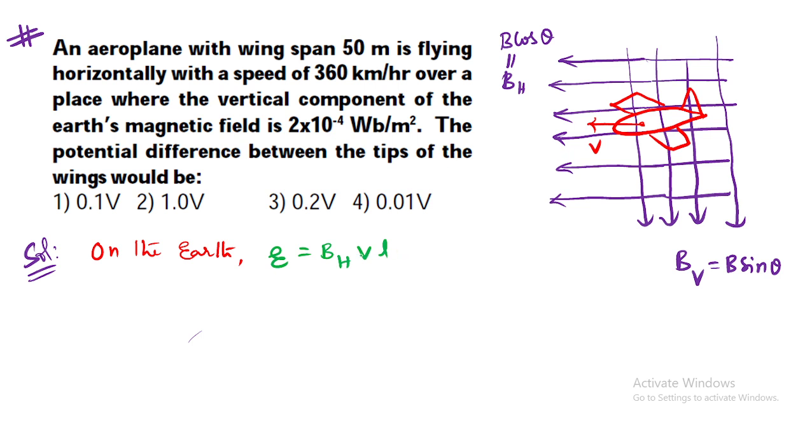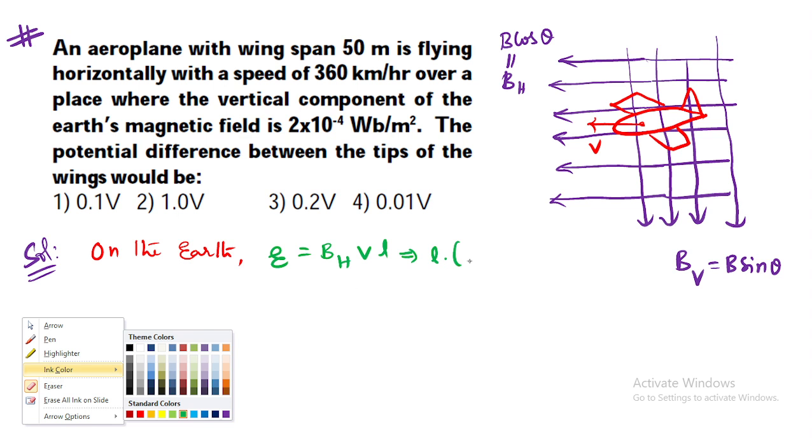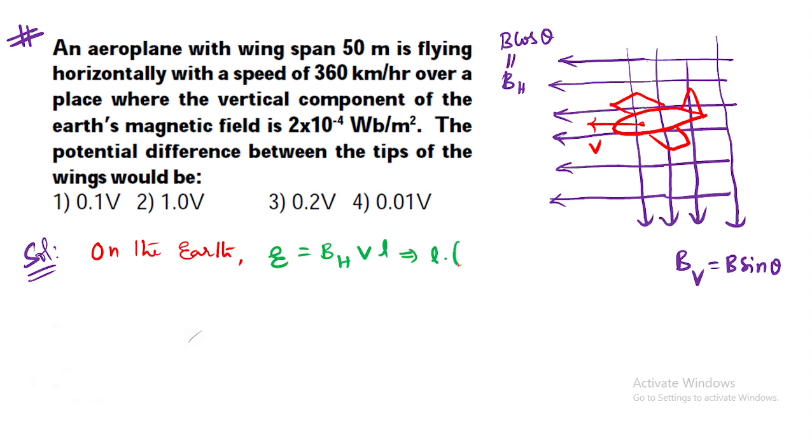Generally, the vector form of EMF will be, wingspan L into BH cross V bar, or V bar cross B bar I can write.